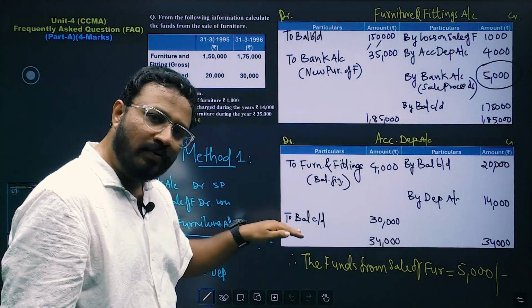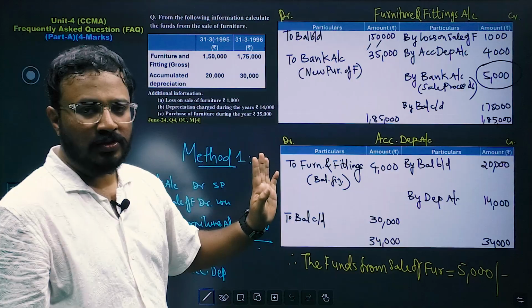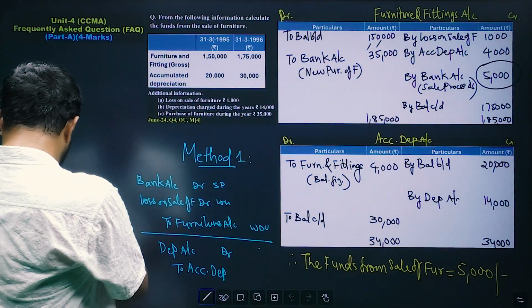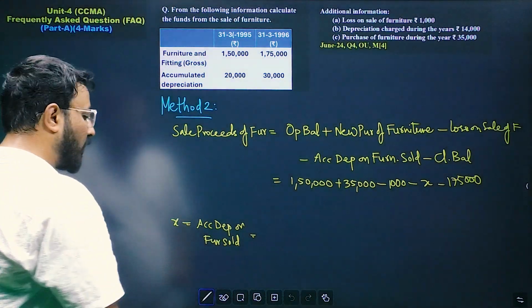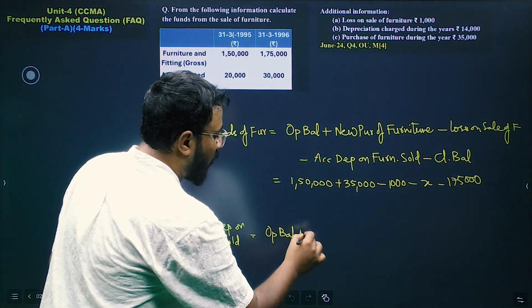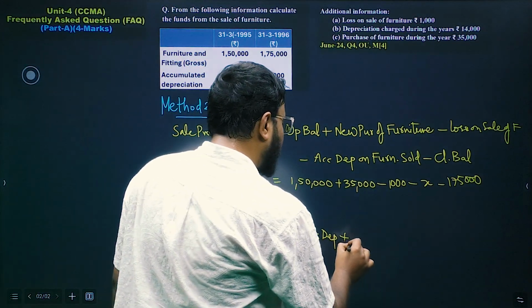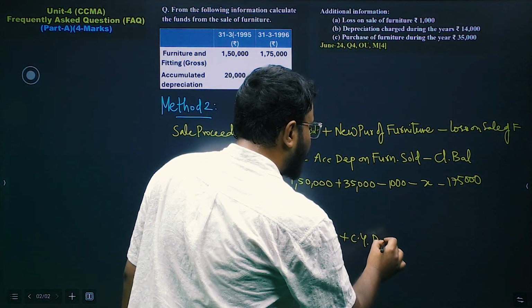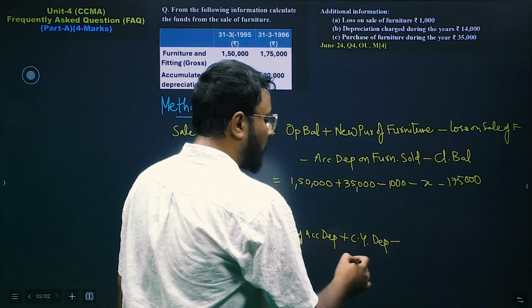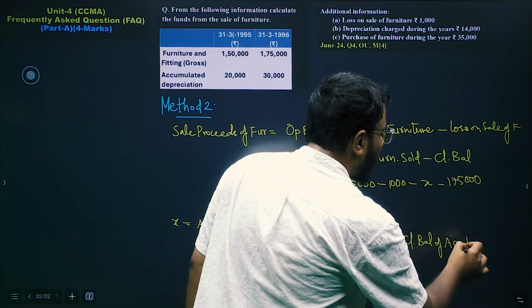We minus the closing balance, we will get the accumulated depreciation on the furniture which is sold. So I'm going to write the same formula here. Right? Opening balance of accumulated depreciation account plus current year depreciation minus closing balance of accumulated depreciation account.